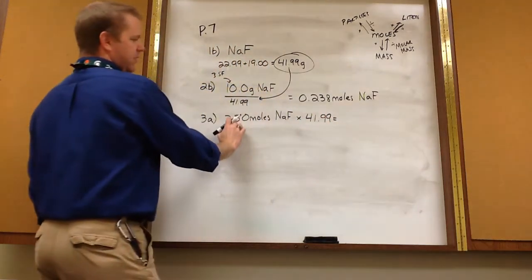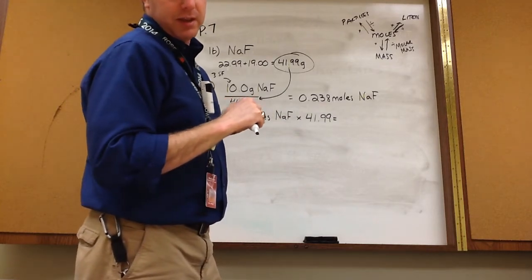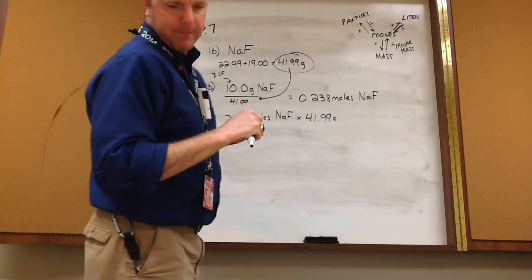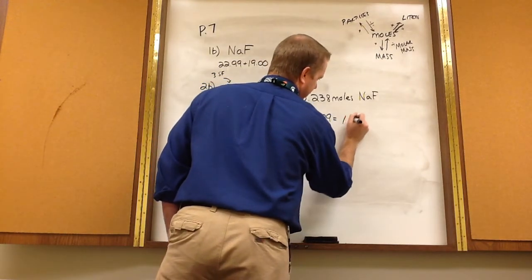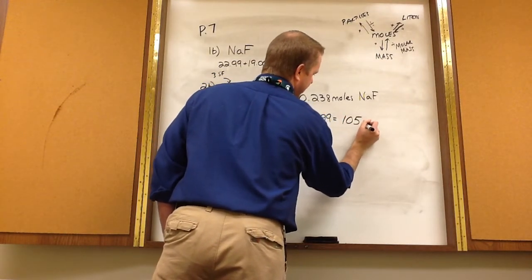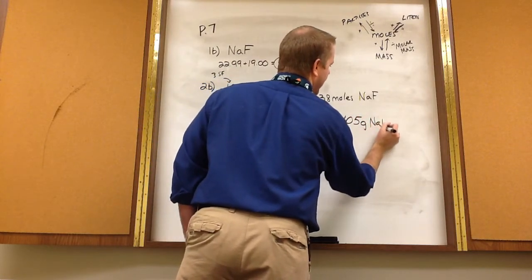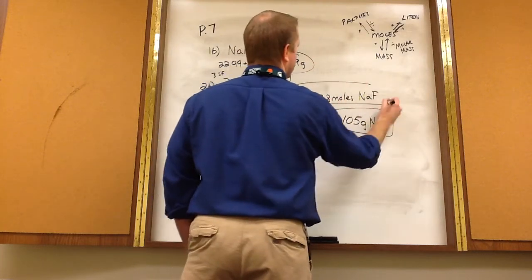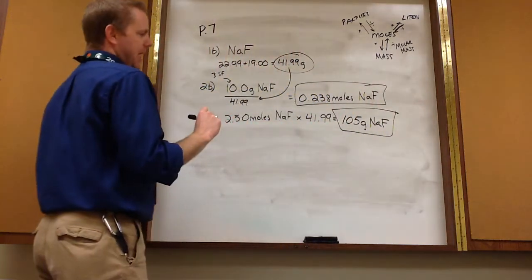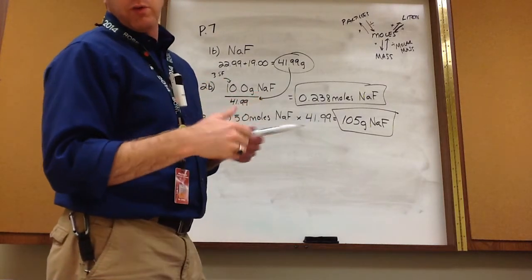Again, we start with 3 sig figs, we finish with 3 sig figs. So when we do the math on that, we get 105. It's like 104 and change, right? But when we do it with 3 significant figures, this becomes 105. The label is grams NaF. Put a box around it so Mr. Gerby knows what your final answers are. And that's always a good idea, to just put boxes around it so that I don't go to grade something and wonder what you did.